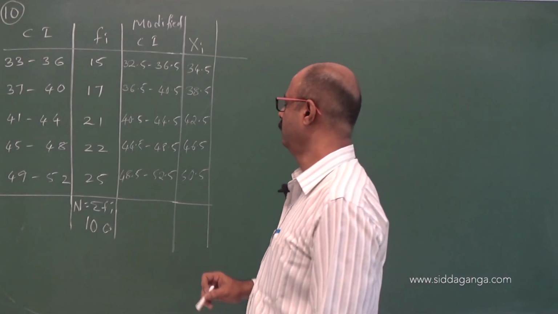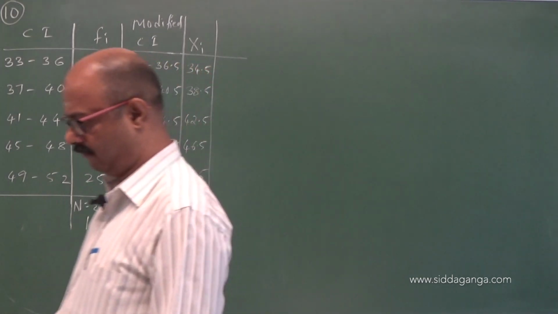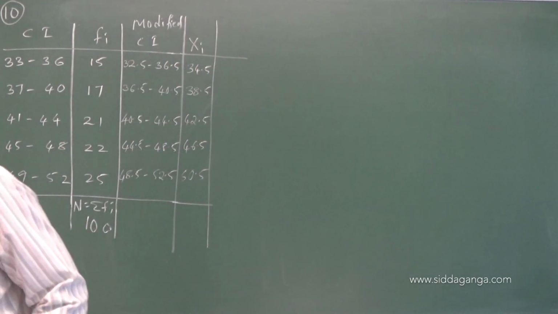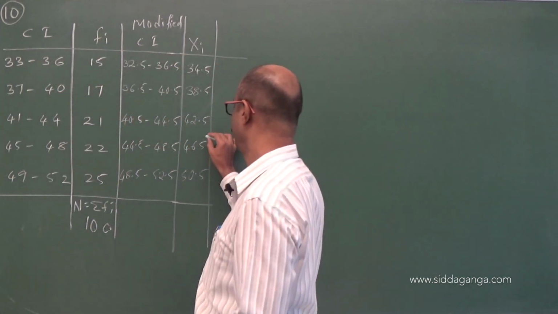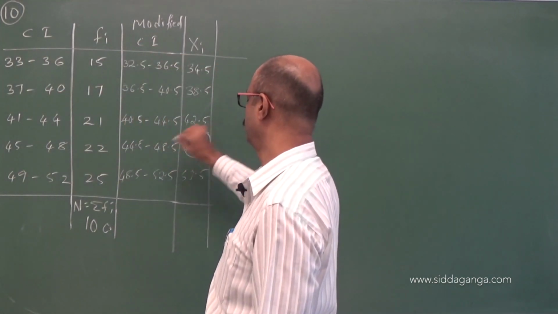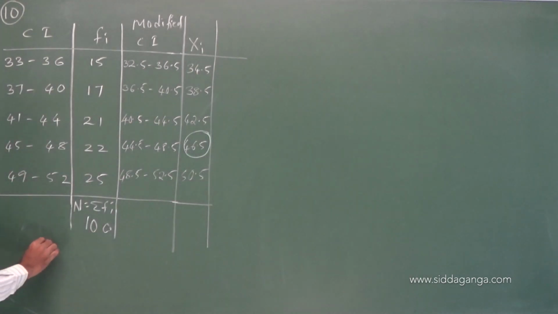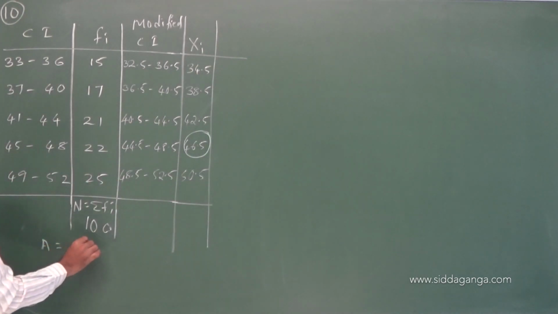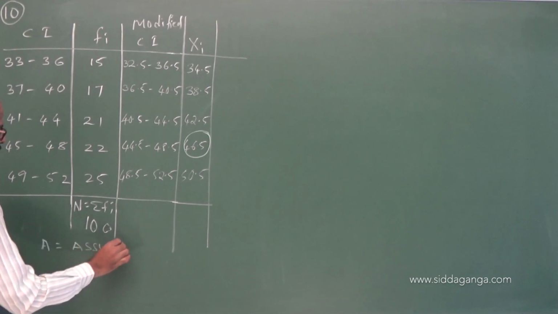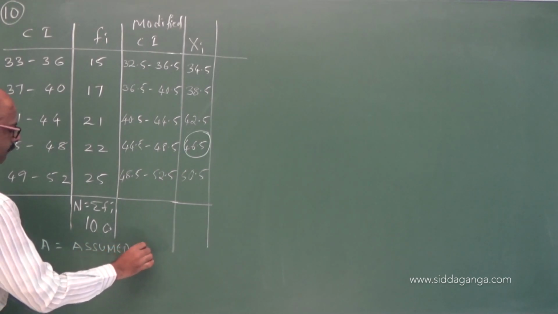Look at the middle one. The middle one is 42.5. We can call this the assumed mean. This is the assumed mean. So capital A is equal to assumed mean.